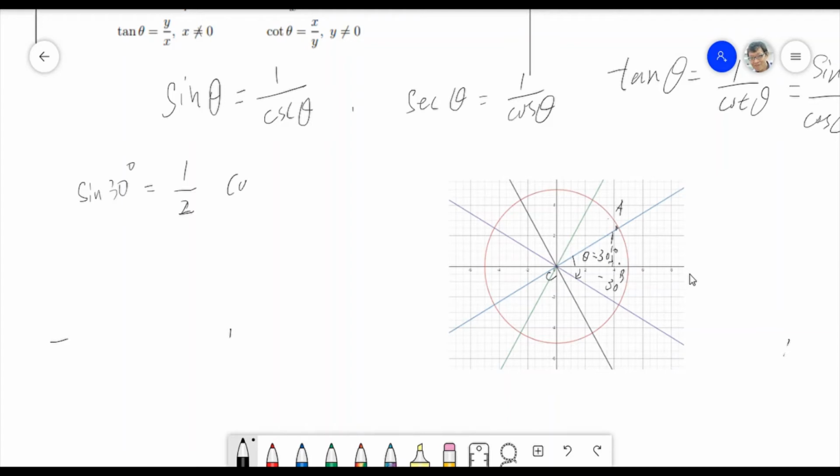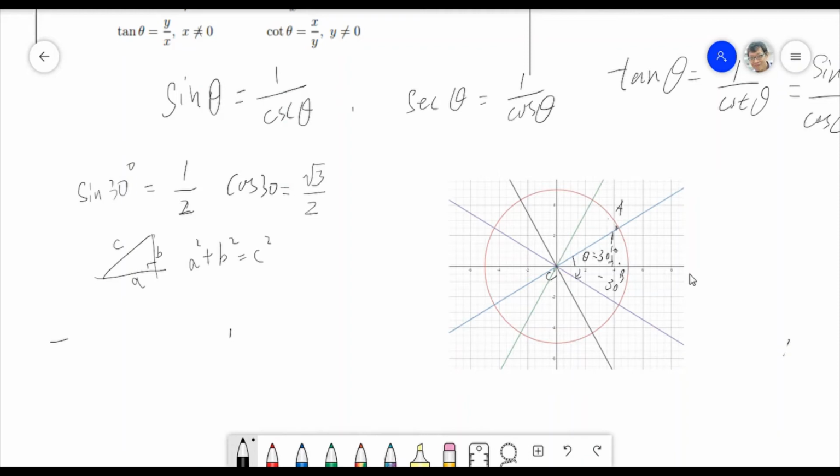How about cosine? Cosine is what? Square root of 3 over 2. Why? Because we learned before that if it is a right triangle, with sides A, B, C, then A squared plus B squared is equal to C squared. Am I right?